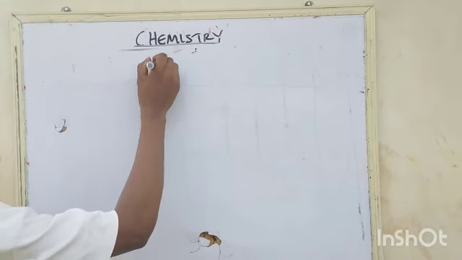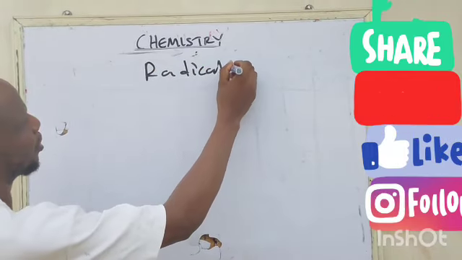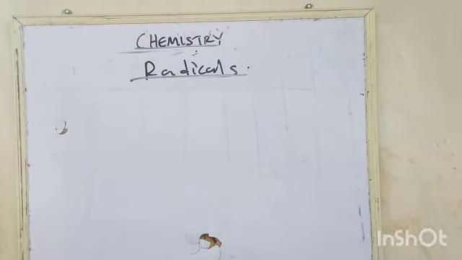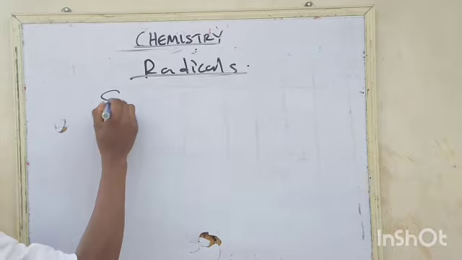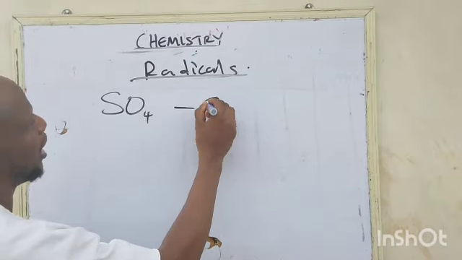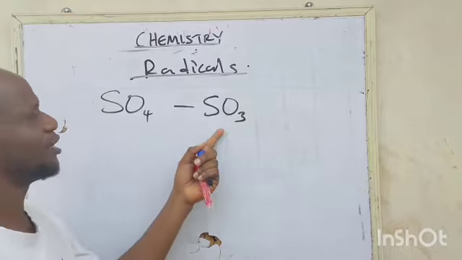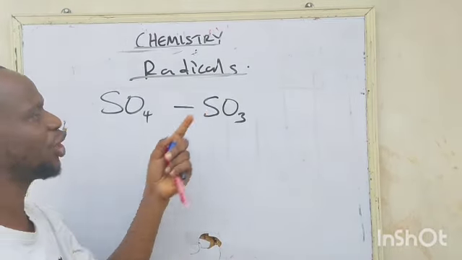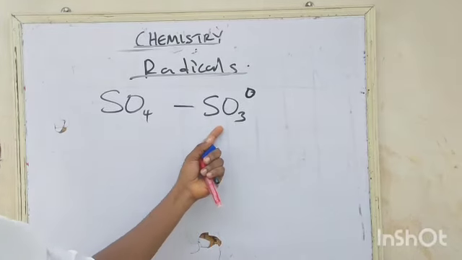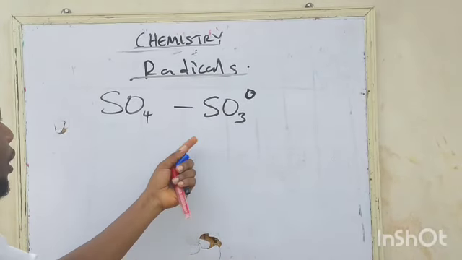Now, how do you find out the oxidation number of radicals? Let's first of all find out the radicals and see. SO3 is not a radical because the oxidation number here is 0.